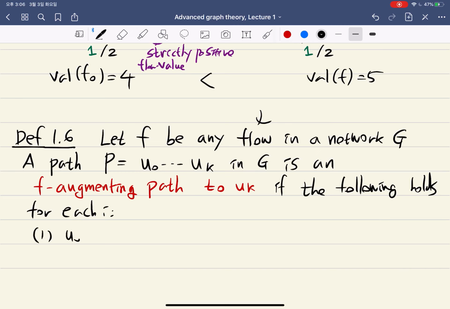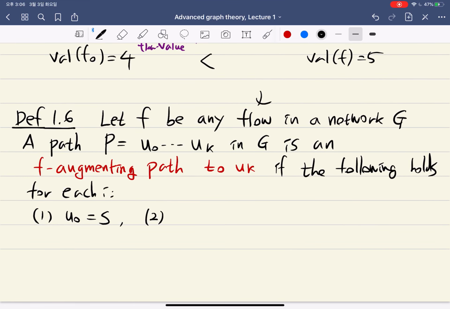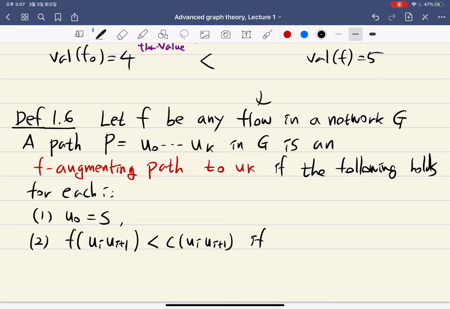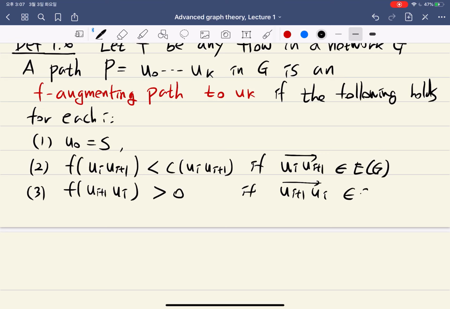So what's the condition? It should start from the source. And all the directed edges here, the flow on them is smaller than the capacity if, say, U_i to U_{i+1} is oriented in the correct way, and if it is oriented in the other way in this directed graph, the network G, then the flow must be positive.